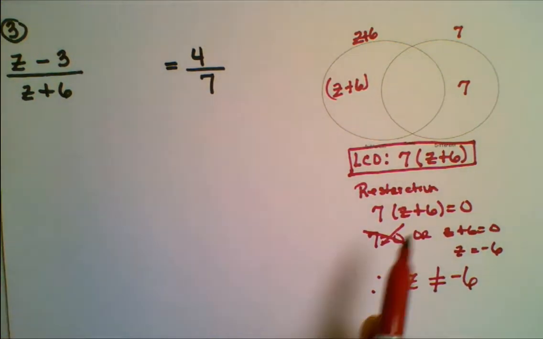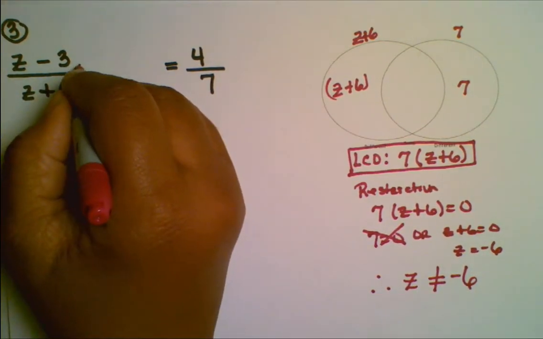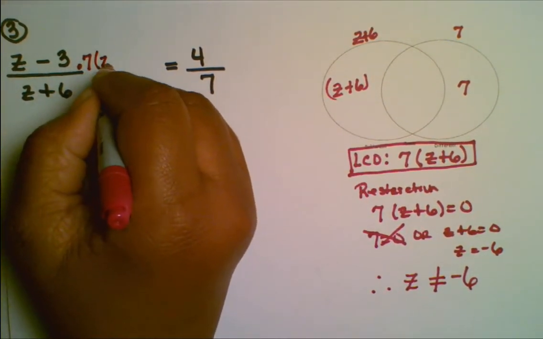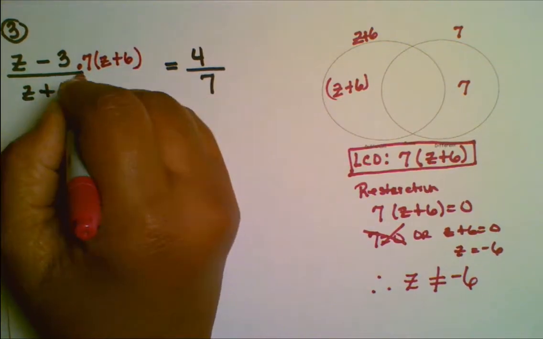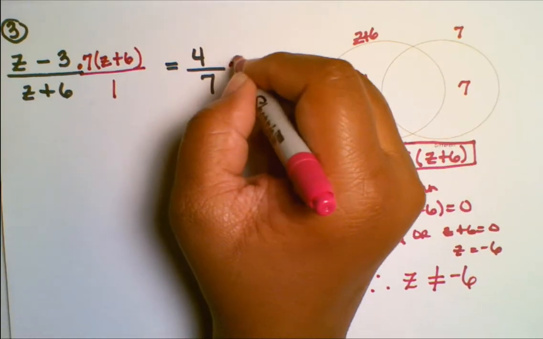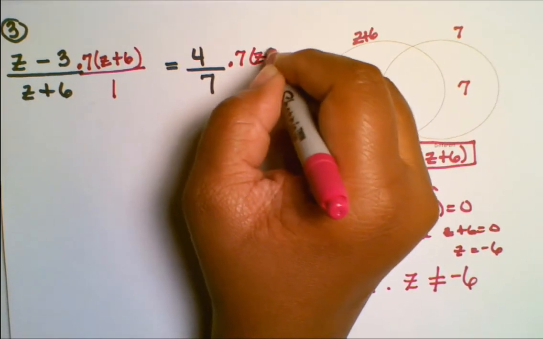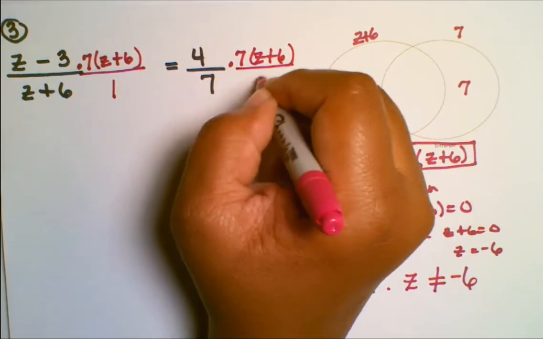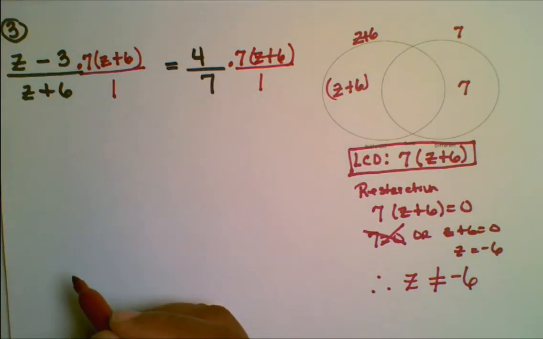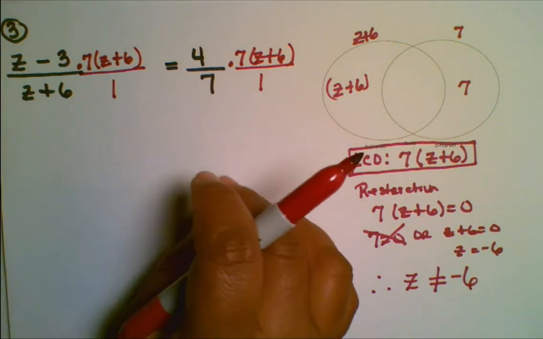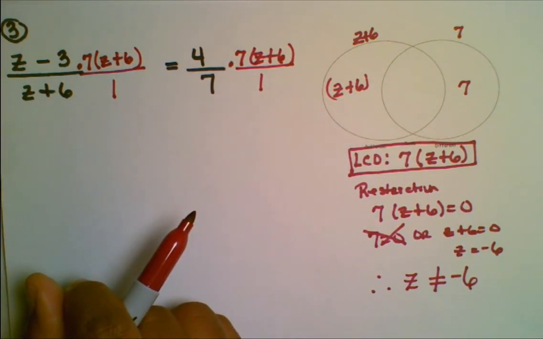So next, we're going to take the LCD and multiply it to both sides. We're going to transform this equation into one where the body of the work is not written as a fraction.